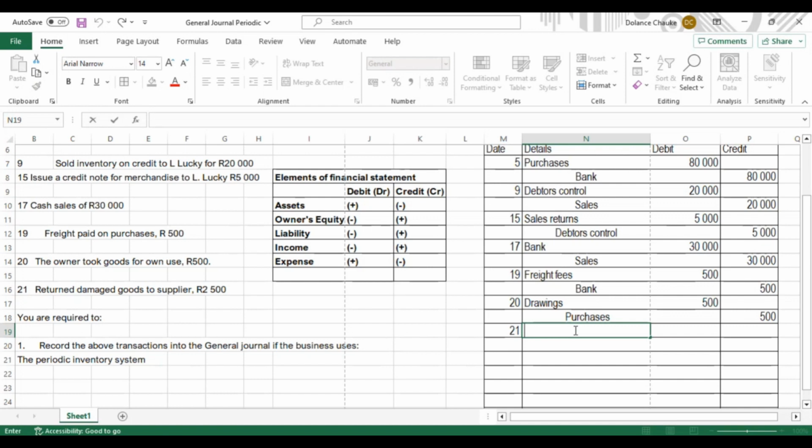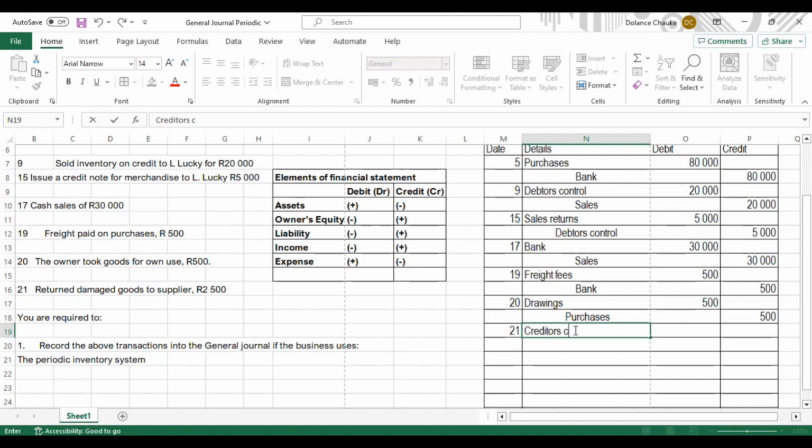You are owing them 3 rand because you have returned the goods of 2 rand. Therefore, there's a decrease of creditors. I don't know if you get this example, but if you listen again, you will understand why I'm going to debit creditors. I'm going to debit creditors because they are liabilities.